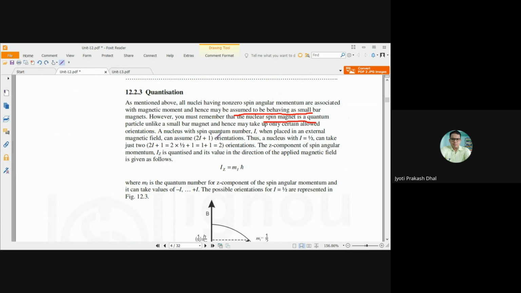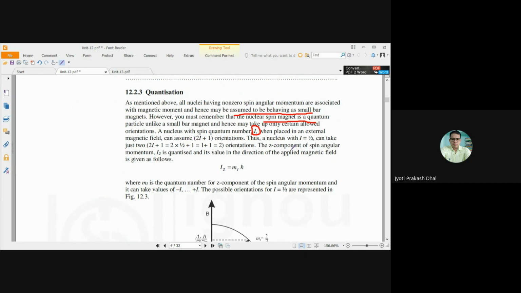A nucleus with spin quantum number I, if I is not equal to 0 and the nucleus is placed in an external magnetic field, will have 2I plus 1 orientations.